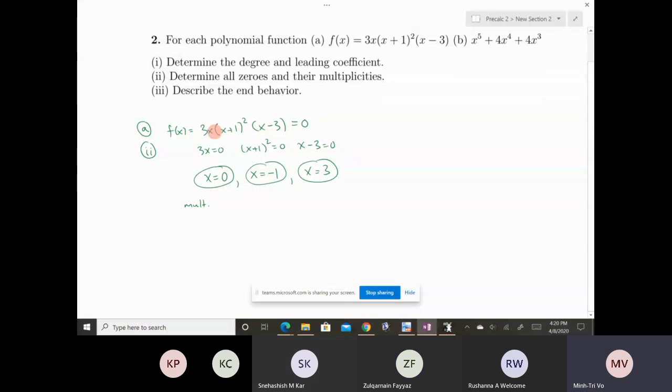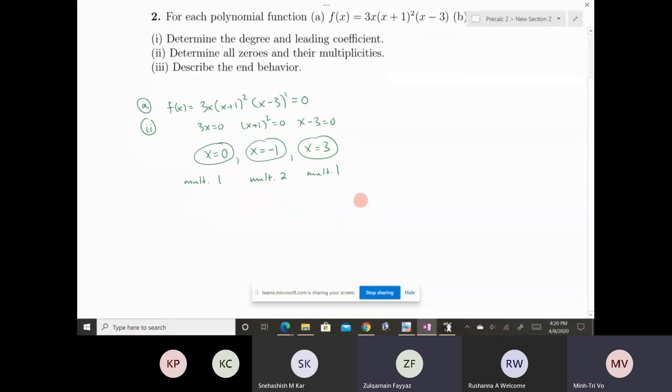It's 1, because when there's no power, it's 1. So this would be multiplicity 1. The zero x equals minus 1 came from this factor, which had power 2, so its multiplicity would be 2. And x equals 3 came from this one, which has power 1, so this multiplicity would be 1. Okay, so those are the zeros and multiplicities.